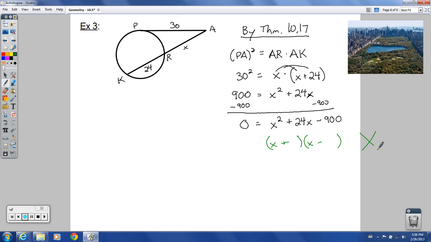Maybe you used something like a magic x and said, okay, what multiplies together to negative 900 and adds to positive 24. You tried some different numbers in there, and on this one you could do that all day long and nothing's going to work. So if it is factorable and you remember how to factor, you can do that.